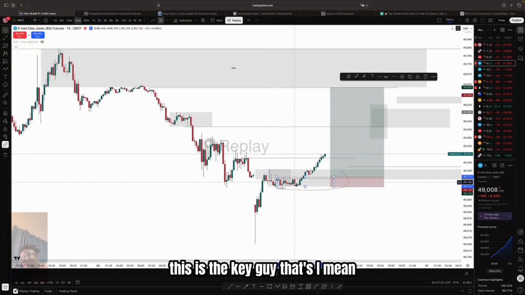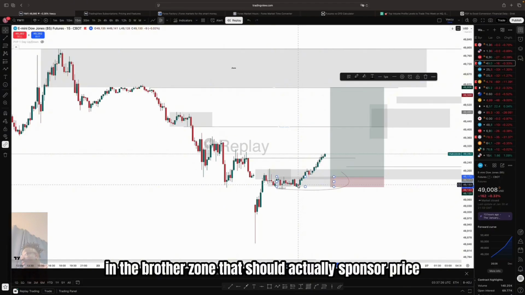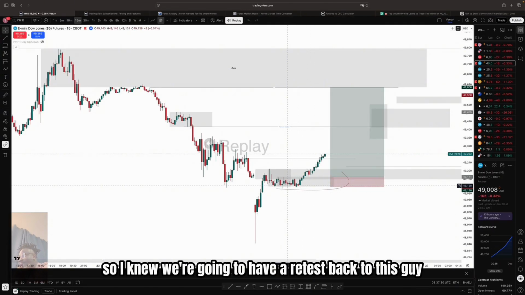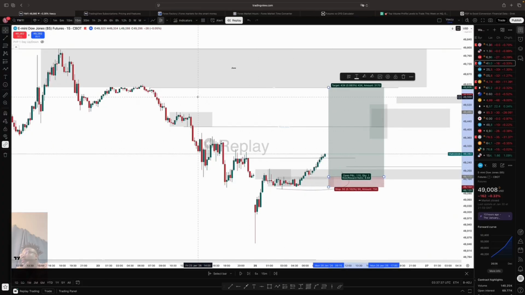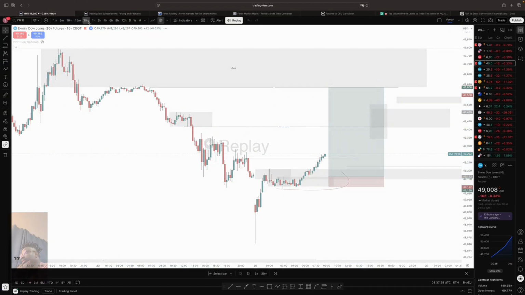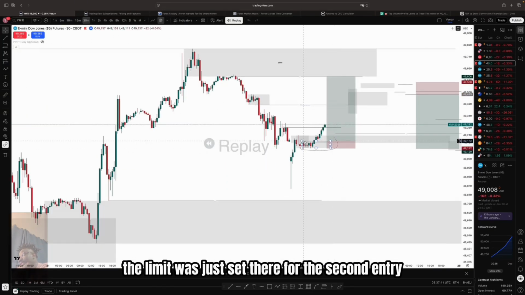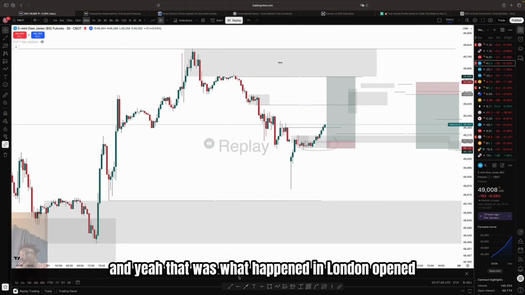This is the key guy. This is the refined zone in the broader zone that should actually sponsor price. So I knew we were going to have a retest back to this guy. Then I had this limit set here. The limit was just set there for the second entry, and yeah, that was what happened.